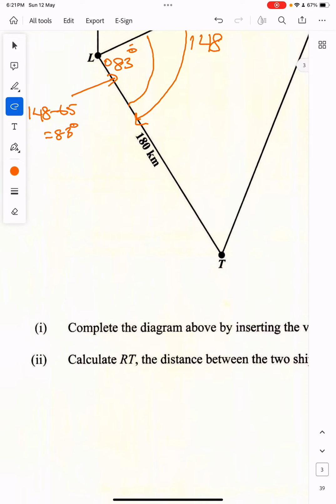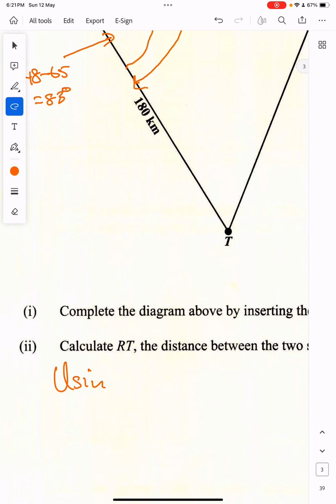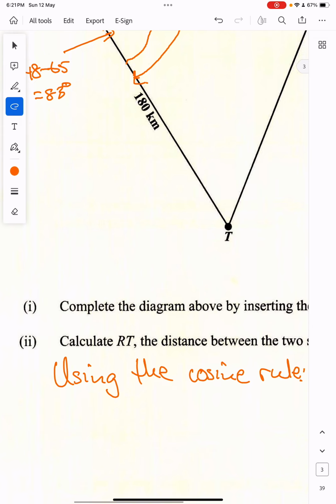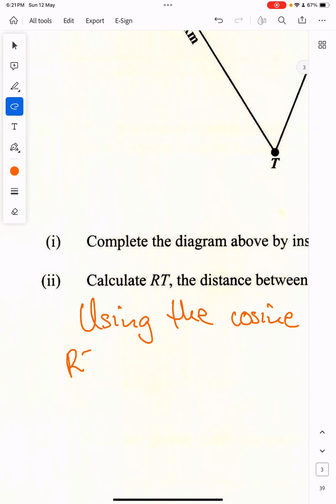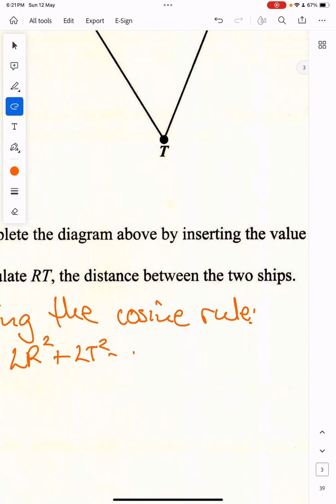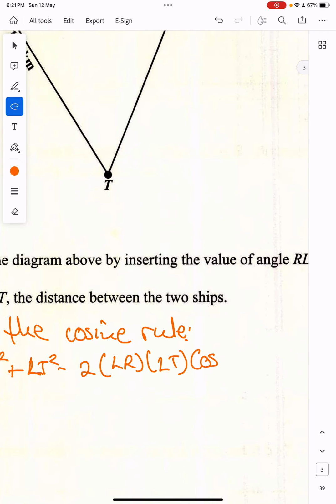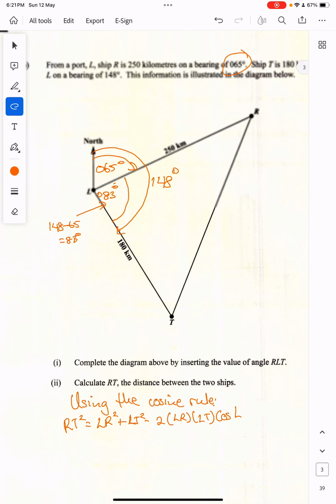So using the cosine rule, we have that RT squared will be equal to LR squared plus LT squared minus 2 by LR by LT cos of the angle at L, right? So I'm just going to put cos of angle L.